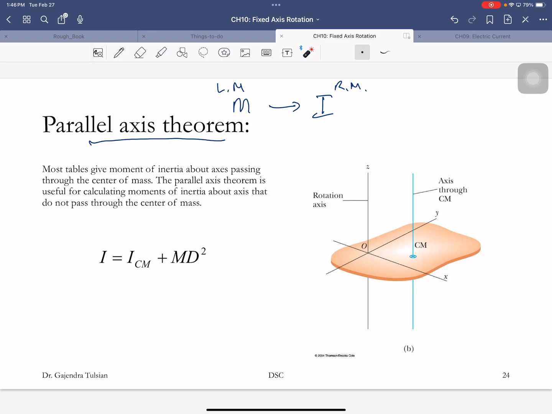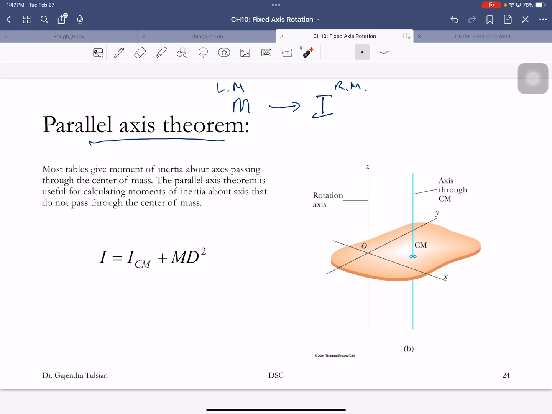What this theorem tells you is the moment of inertia about that axis is the moment of inertia about the center of mass, which you can look up on a table for a regular object, plus m, the mass of the object, times d squared. d is that distance. So now you have a way of calculating infinitely many moments of inertia.